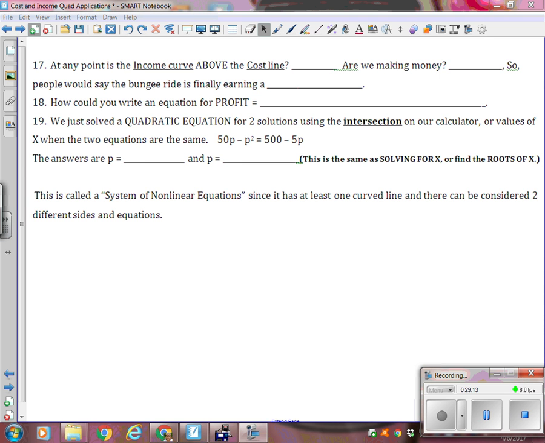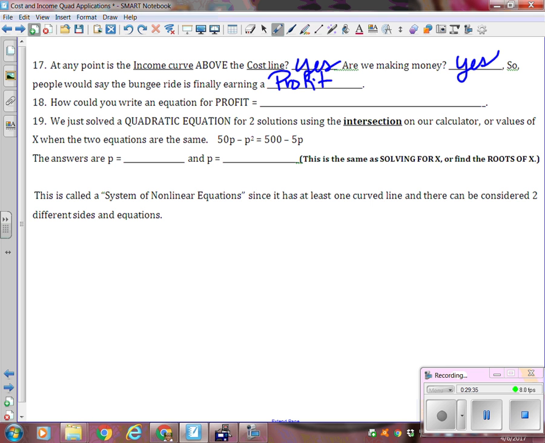At any point on the income curve, is it above the cost line? Yes, it is. At that time, are we making money? Yes. So people would say the bungee ride is finally earning a profit. How would you write an equation for profit?